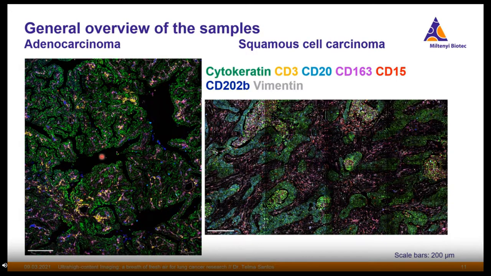What you can see here immediately is that it's difficult to make sense of it at first, but you can see directly that they have a completely different kind of organization. In the adenocarcinoma, most of the cells seem to be cancer cells, and you have some stroma area here, and you see some infiltration from T cells, and the rest is basically myeloid cells, fibroblasts, and some blood vessels. When you look at the squamous cell carcinoma, the proportion of tumor cells is not so high.